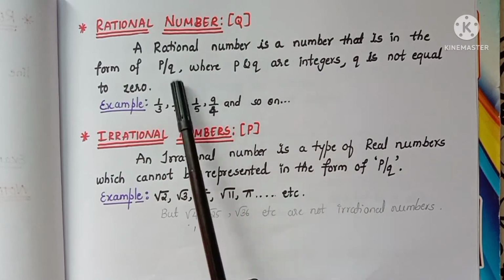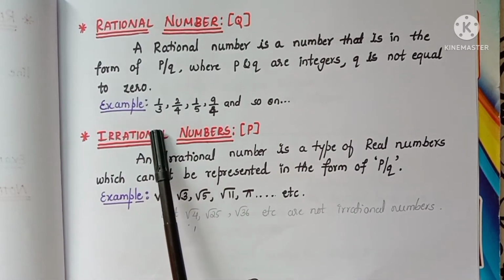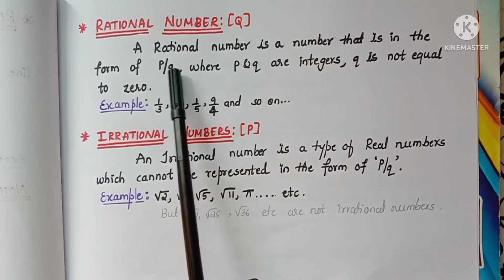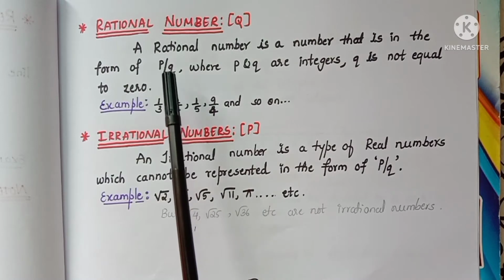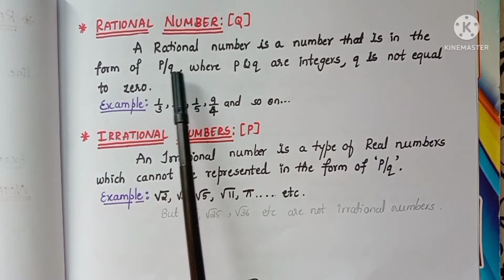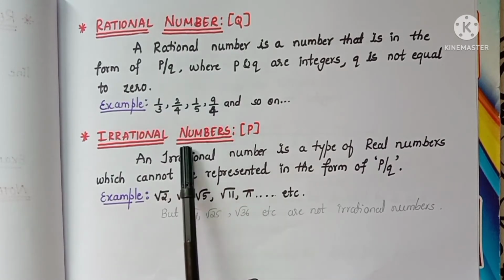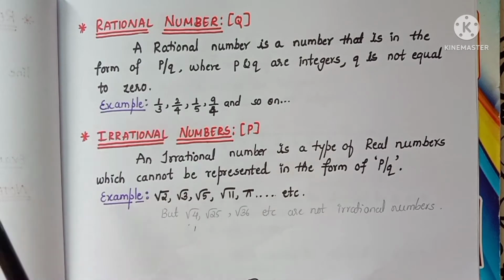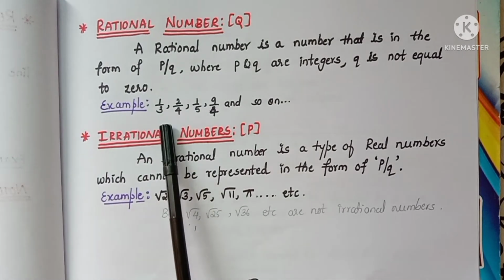Integers, and Q is not equal to 0. For example, we have 1 by 3, is it in the form of P by Q? Yes. 2 by 4, is it in the form of P by Q? Yes. 1 by 5, is it in the form of P by Q? Yes. 9 by 4, is it in the form of P by Q? Yes.